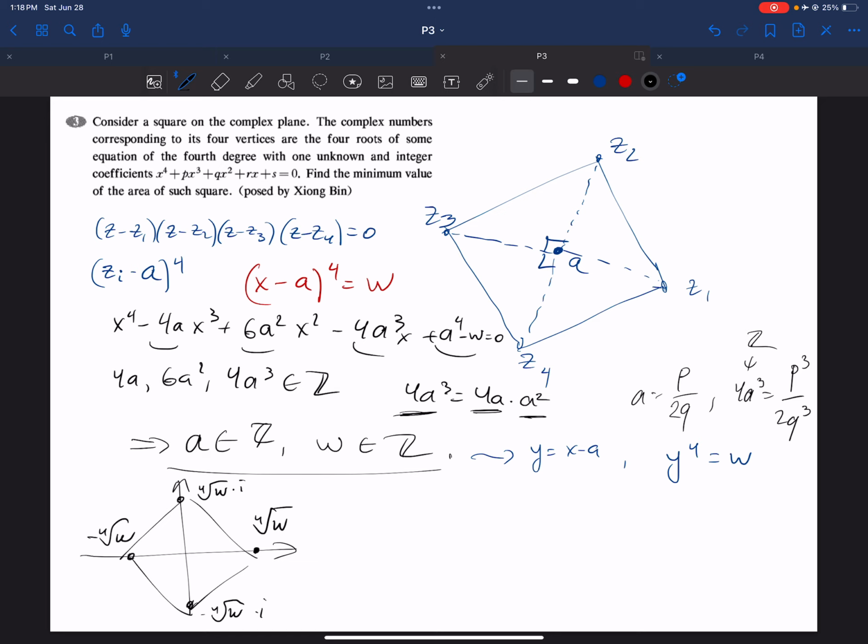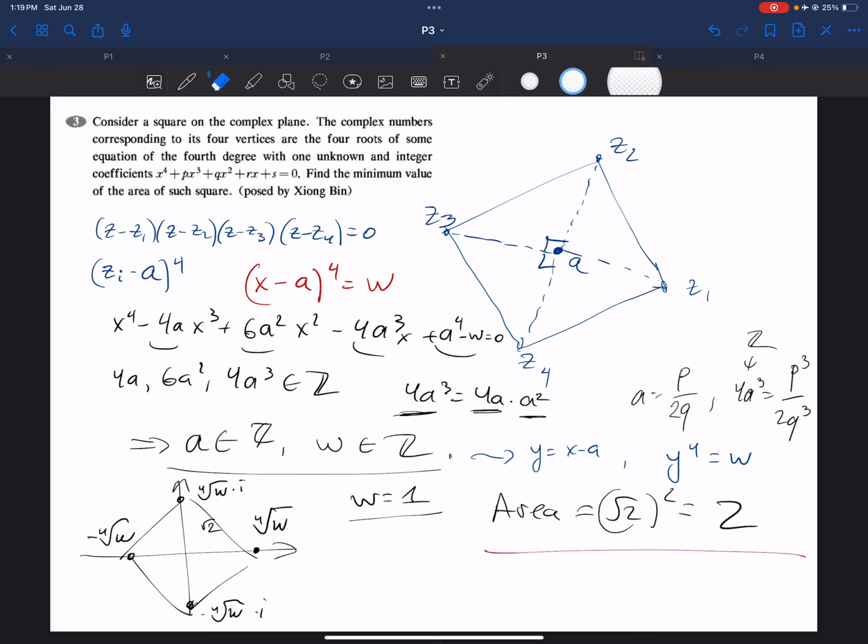And if we want to minimize the area of this square, then clearly we should take the minimal positive w. That is w equals 1, in which case the length here is square root of 2, and the area is square root of 2 squared equals 2. Yeah, this is our answer. This is the minimum value of the area.